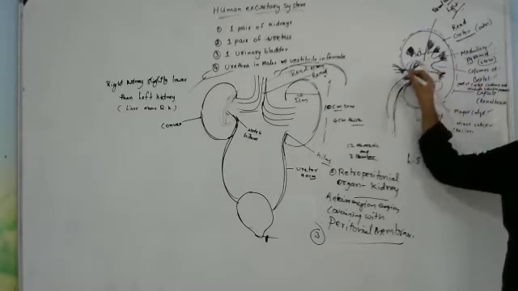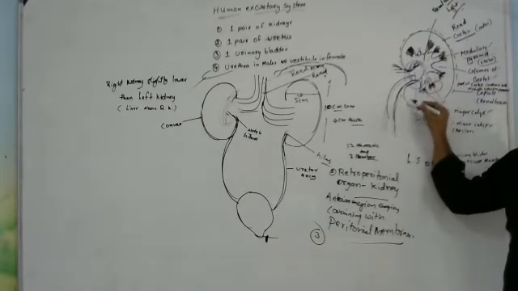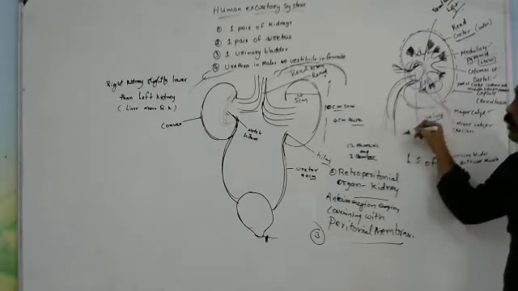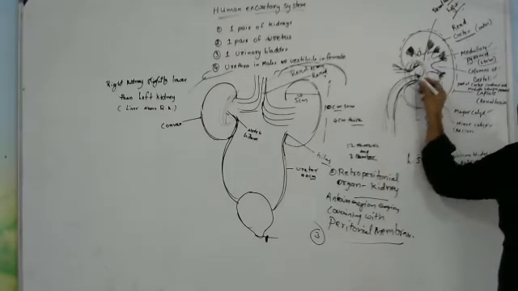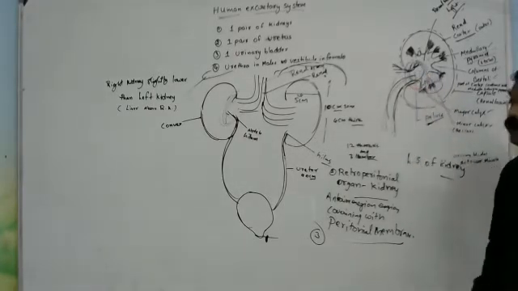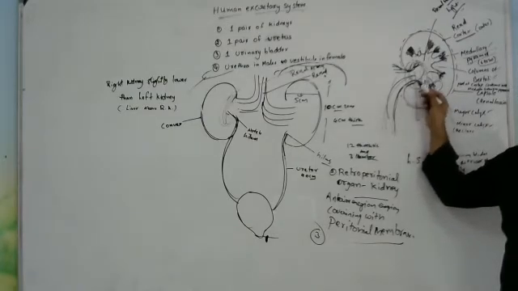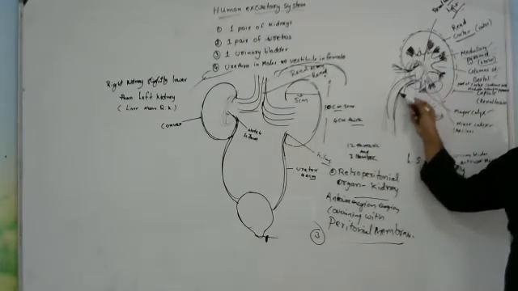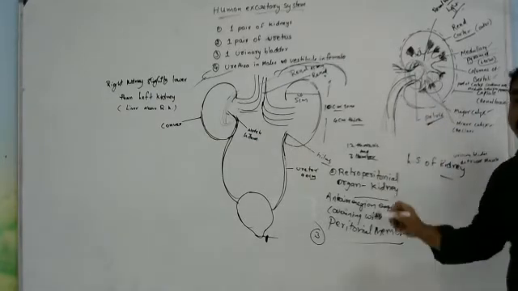Here the renal artery and renal vein enter, and the ureters originate and come outside. They receive the urine from the hilum and send the urine to the urinary bladder.